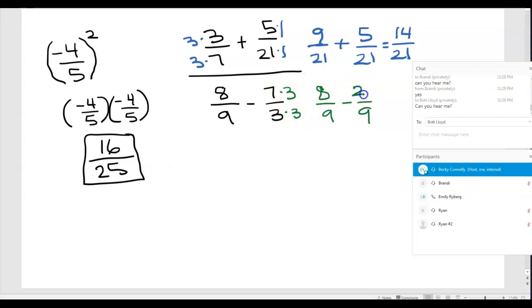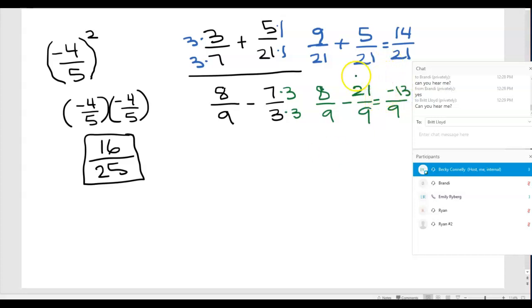So that gives us 8 minus 21, with 9 on the bottom. So what's 8 minus 21? Yeah, and make sure you remember that negative. That's easy to forget about.